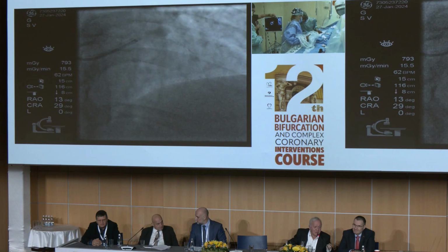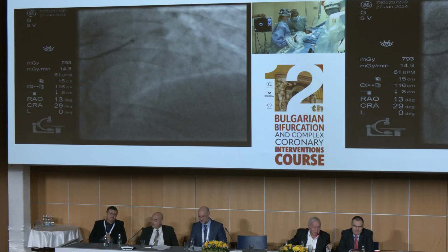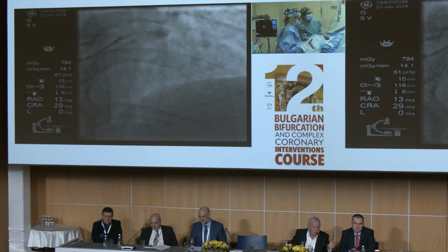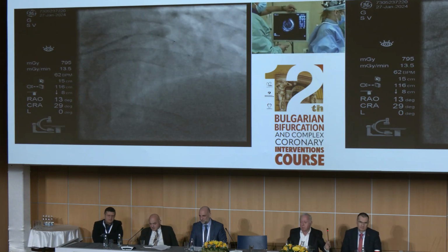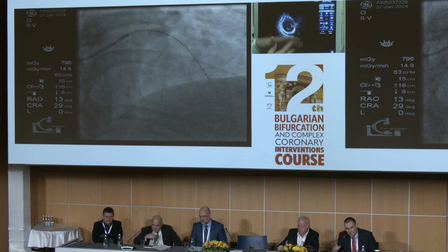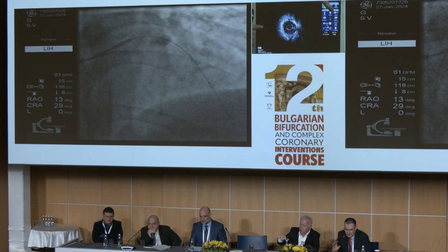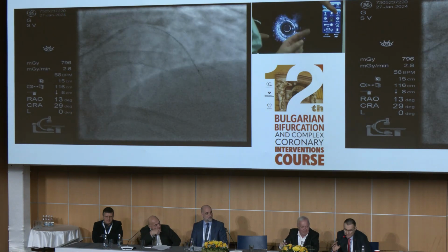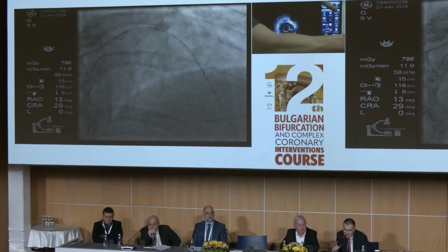Maybe if it's possible to have a stent enhancement, two projections will be very interesting. By the way, with the two markers of the assist IVUS, you can make a stent enhancement.